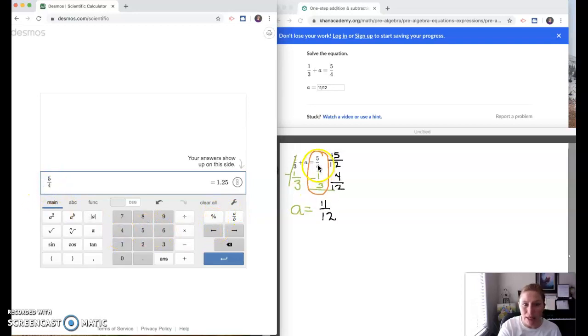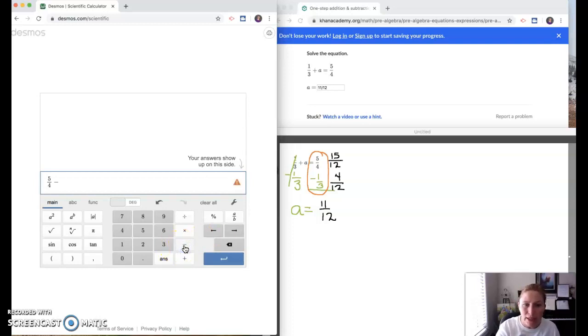So I'm creating this right here. Then push your over key. This is your over key right here. That gets you away from the fraction, because it might want to stay down there in the denominator. So you have to push the over button.